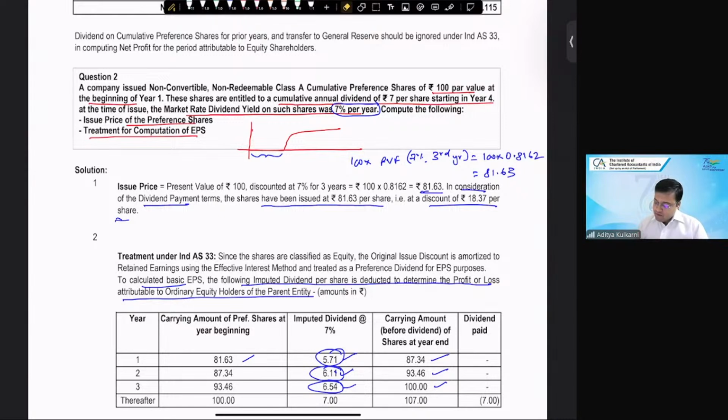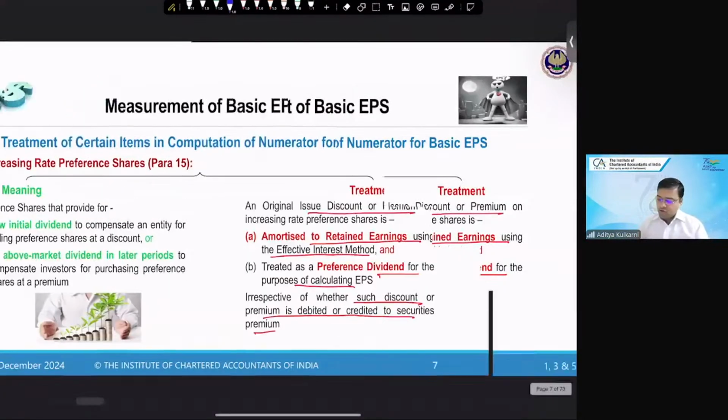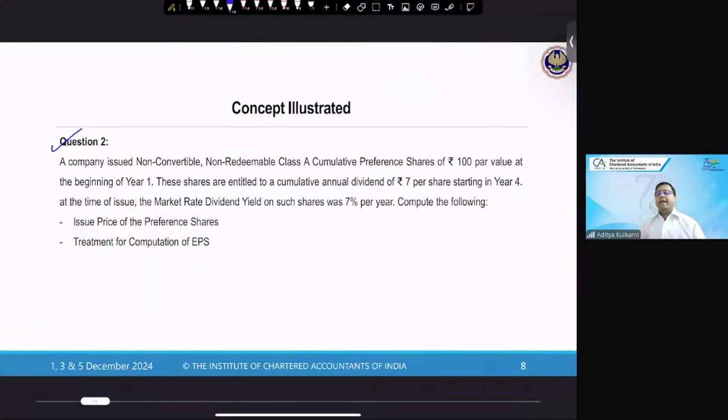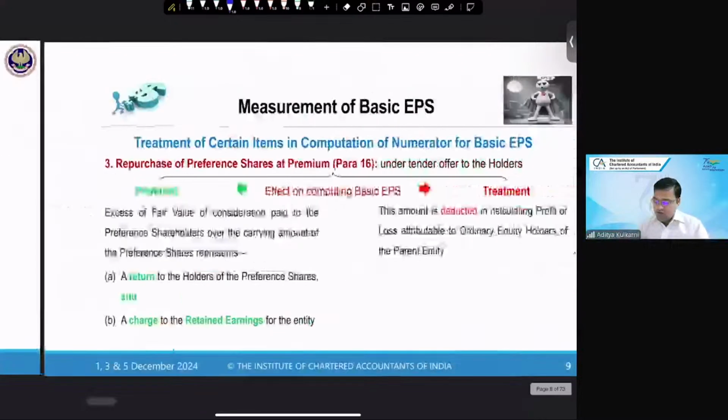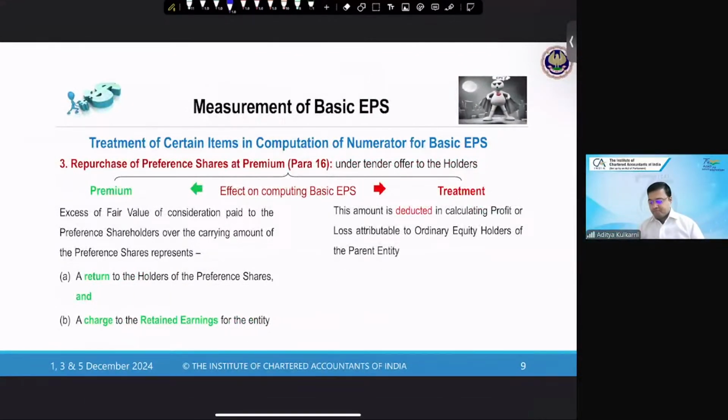The original issue discount of 18 is amortized using the effective interest method and treated as a preference dividend for EPS purposes. This is something you would not have seen in your AS 20 calculations. This is something which is fresh.